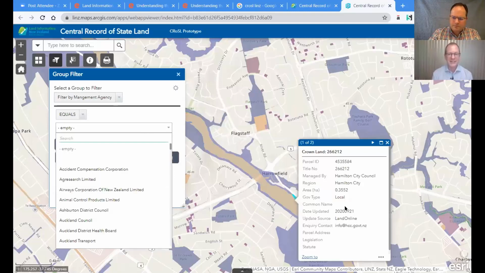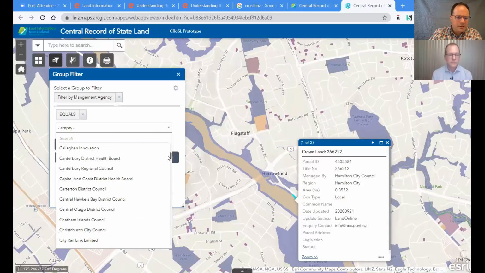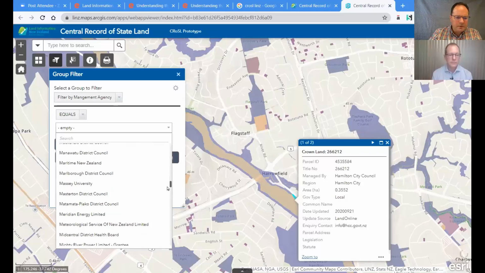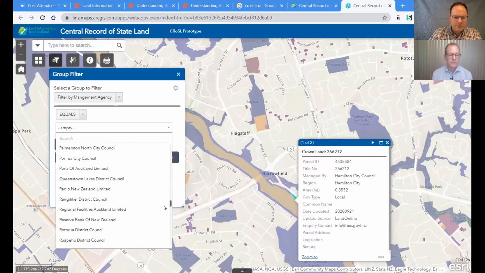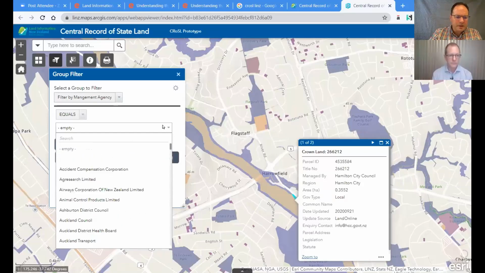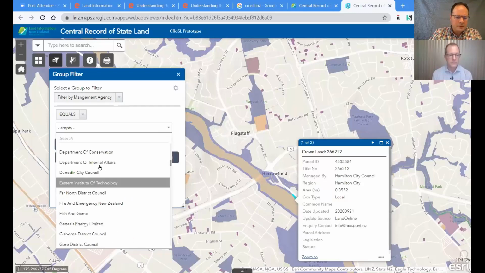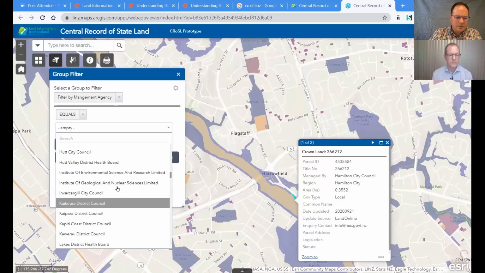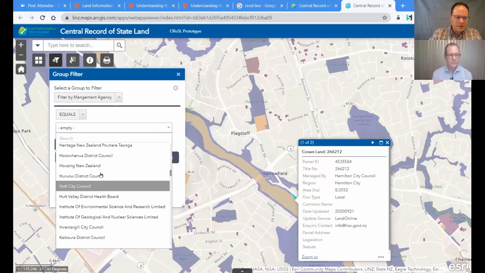In relation to Gerard's question about a Crown register to capture the agencies responsible for management, what I appear to be looking at could fit that criteria. I'm looking at responsible agency, filtered by management agency. Let me see if I can, where's Hamilton?